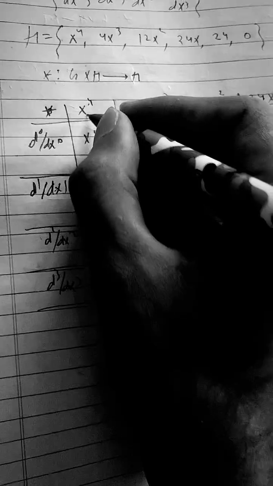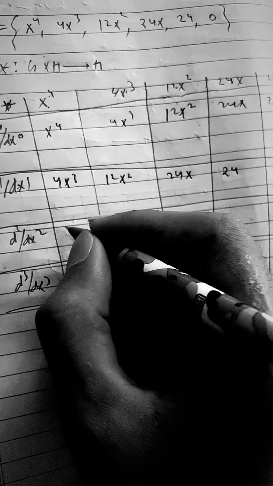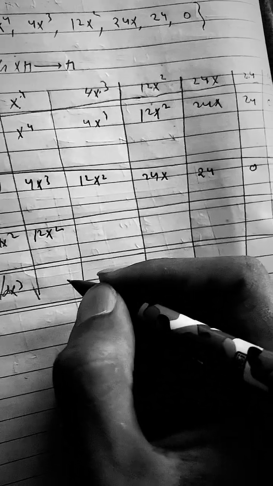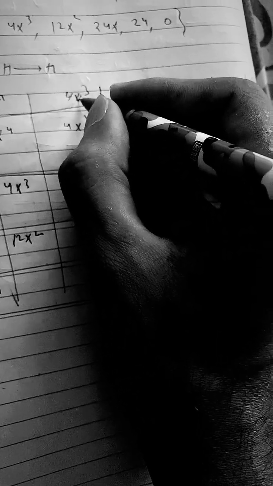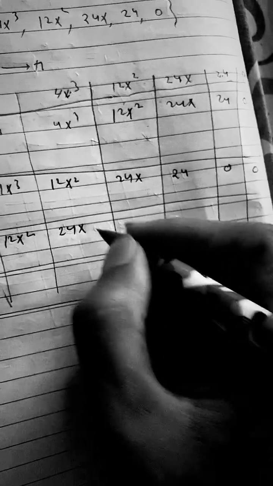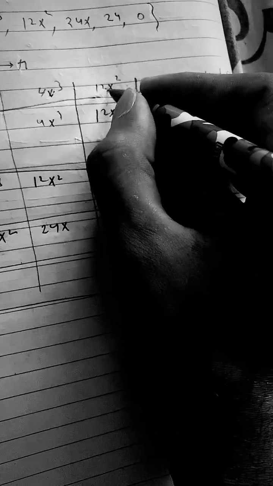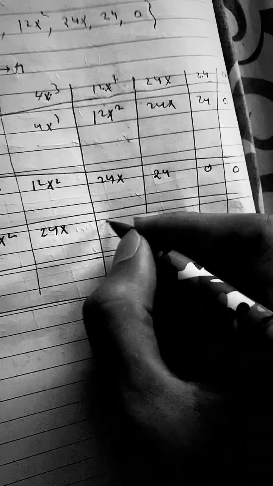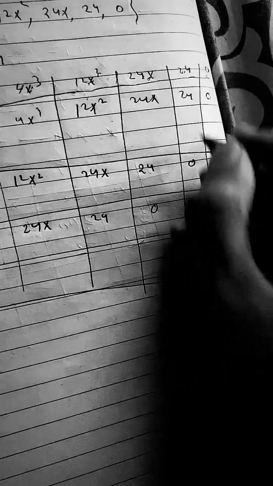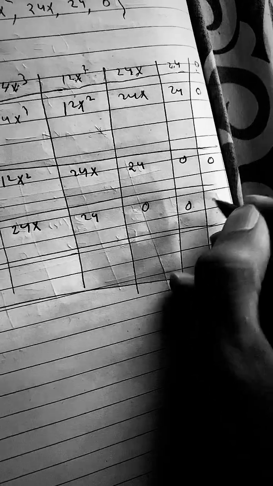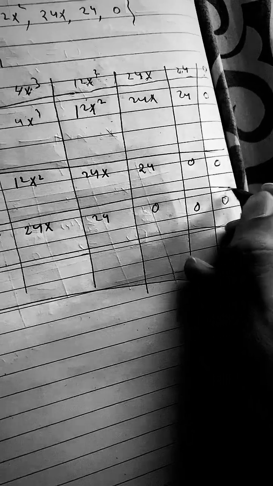So the second derivative of x^4 is 12x^2. We can calculate it. Second derivative of 4x^3 is 24x. Second derivative of 12x^2 is 24. Second derivative of 24x is 0. Second derivative of 24 is 0, and this is also 0.